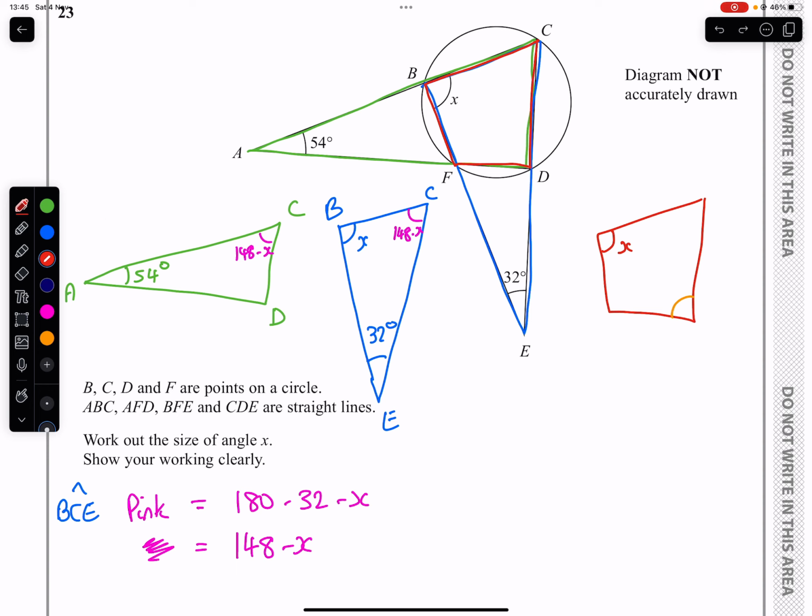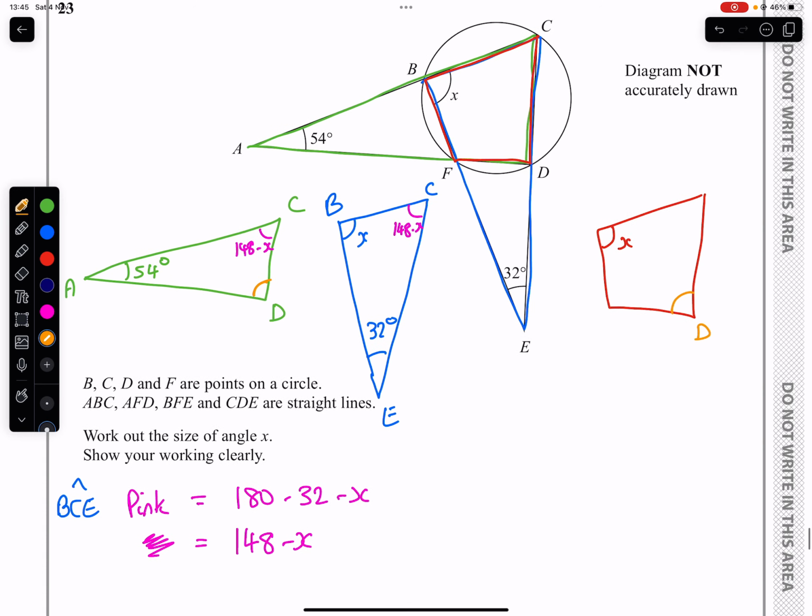I can get this angle here in orange for D, which happens to also be the angle in orange here for D, filling in the other pieces of information while I'm at it. So what I'm going to do is figure out the size of this angle here, and then I'm going to do something involving this red shape.